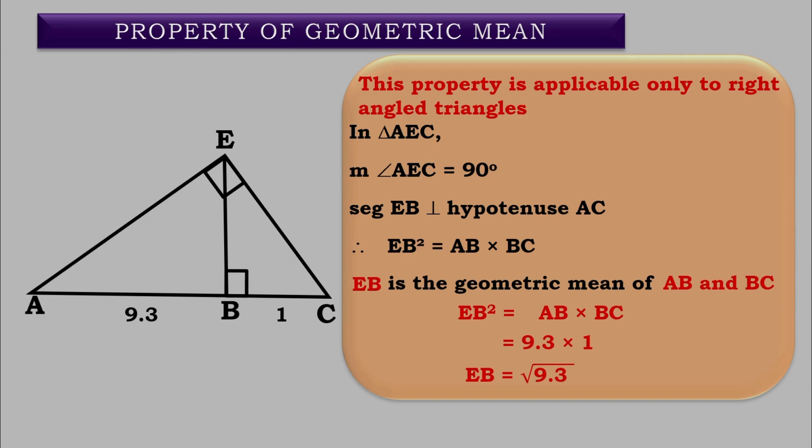So that is, if in a triangle AEC, there is another triangle ABE and EBC, both are right angle triangles, then we can say that EB square equal to AB into BC. So where EB is the geometric mean of AB and BC.